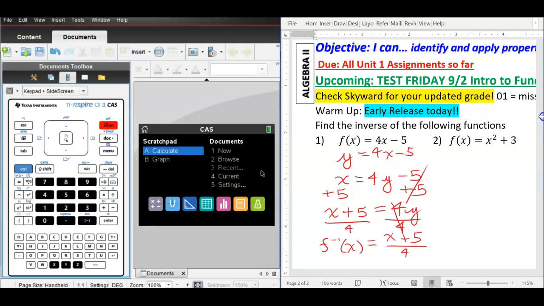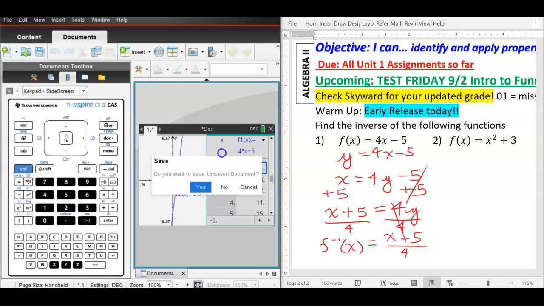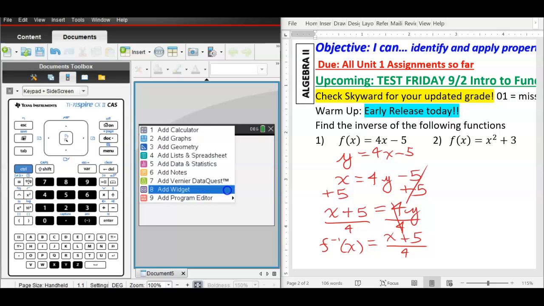So, go ahead and go to graph. Okay, go ahead and do a new document and graph. So check it out. New document, number 1, don't save. And you can graph. It's the second option, okay? Hit graph.